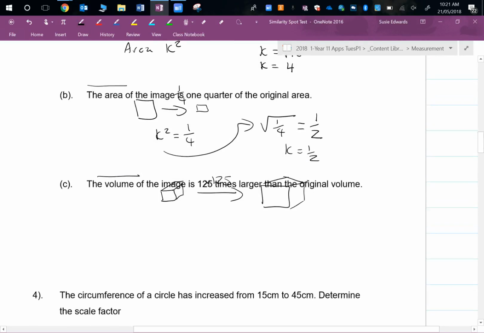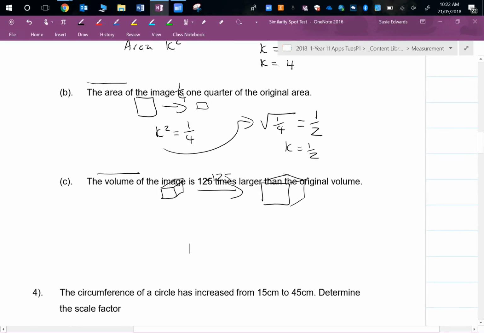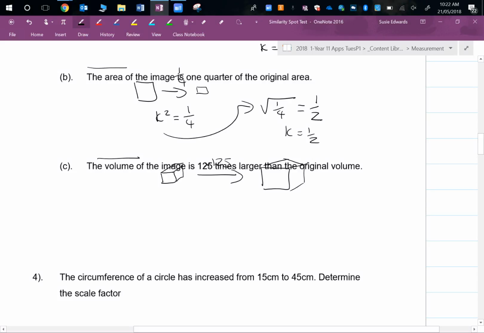So 125 is k to the power of 3. So how do I find k? It's not the square root, it's the cube root. And so k equals 5.